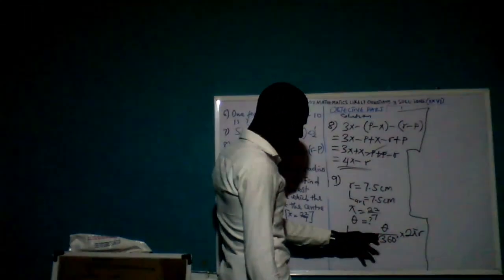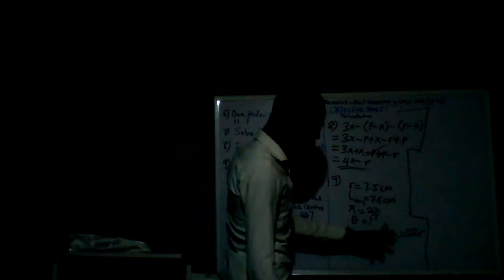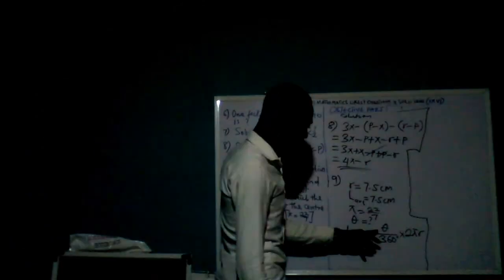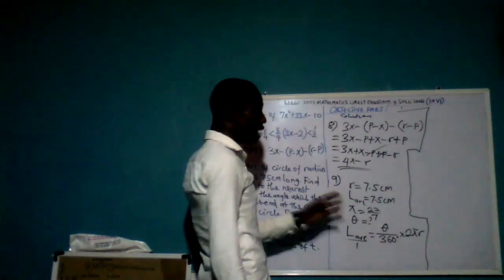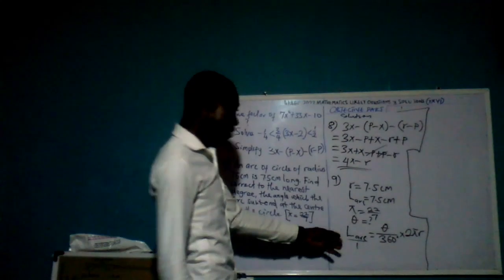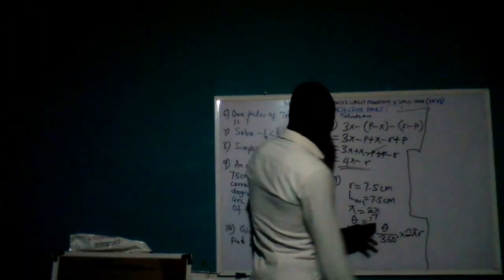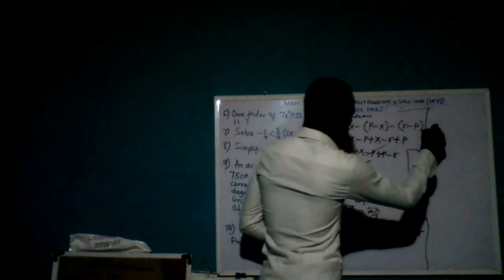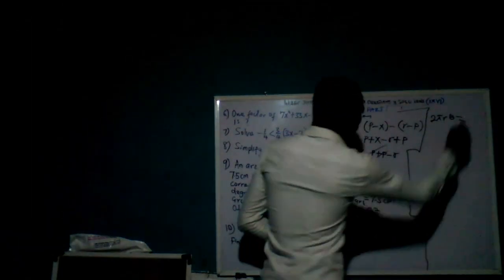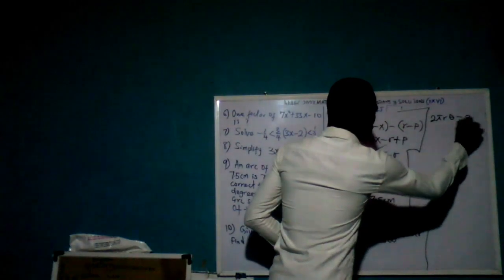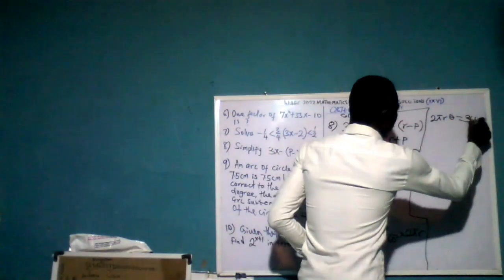So if you want to make this the subject of the formula now, what you need to do is to multiply this by this, and that will be giving you 2 pi r theta, right? And 2 pi r theta, you straight away do cross multiplication. I'm doing this because you don't have time to waste on objective question, right? If you cross multiply it, that will be 2 pi r theta equal to 360, right?